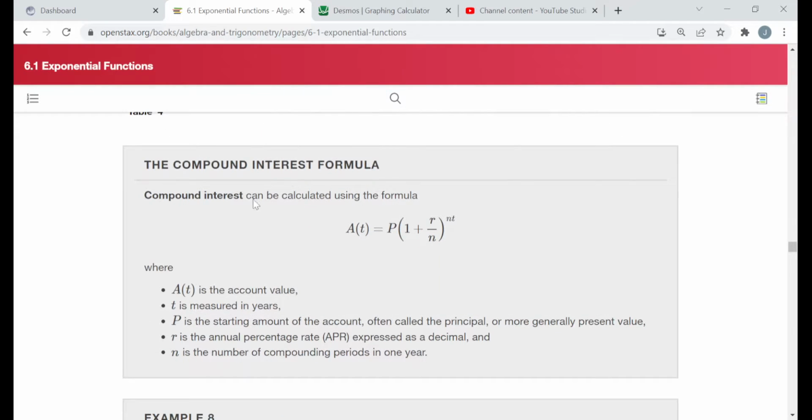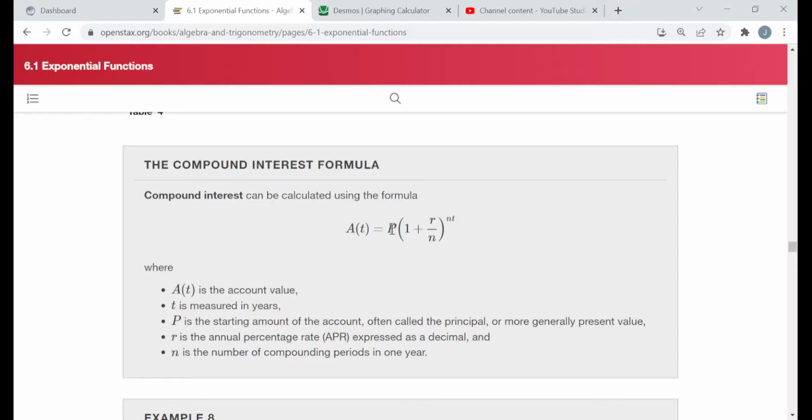So here it is, the compound interest formula that I'm going to be using for every single example in this video. Compound interest is the amount of money that an account that grows with interest is worth, or the amount you owe on a loan with interest if you don't pay back anything after a certain period of time. You put an initial amount into an account that pays interest.